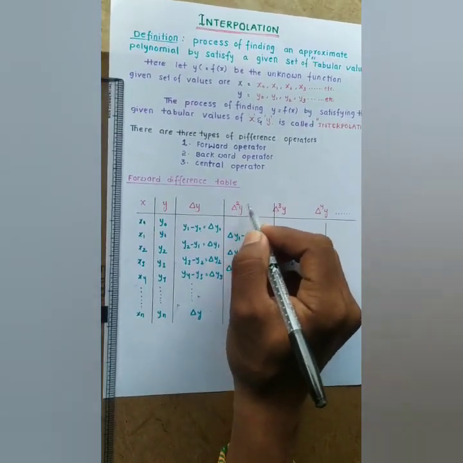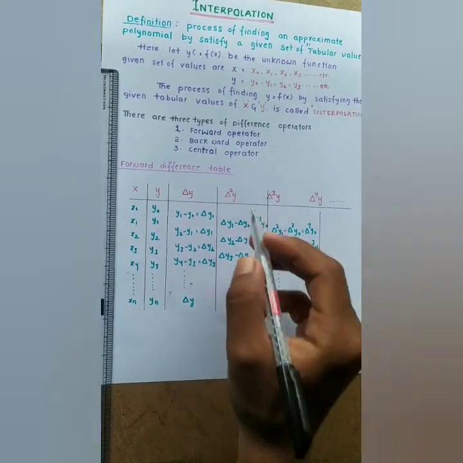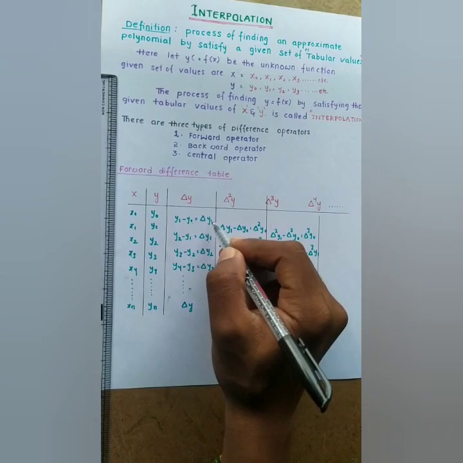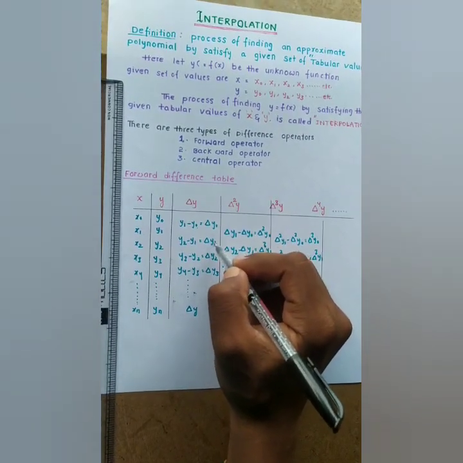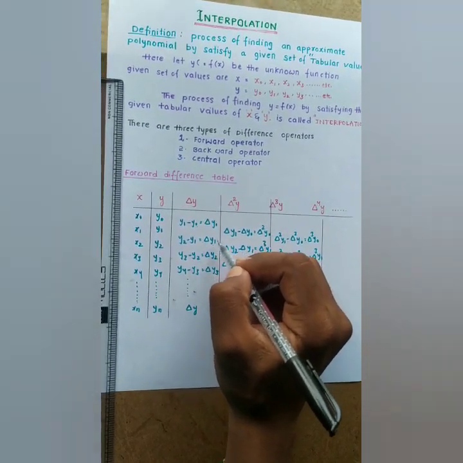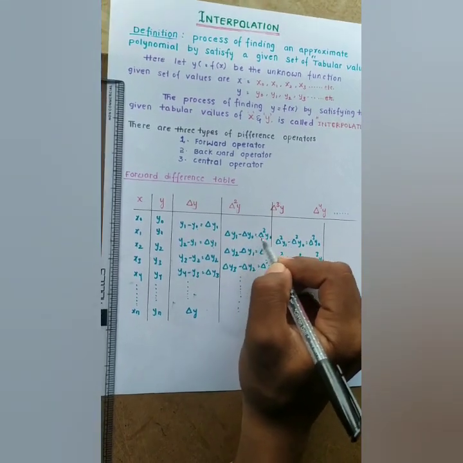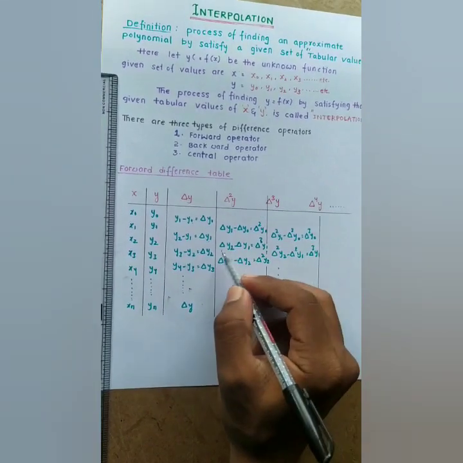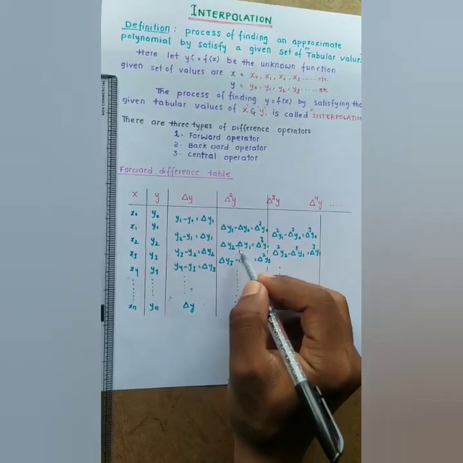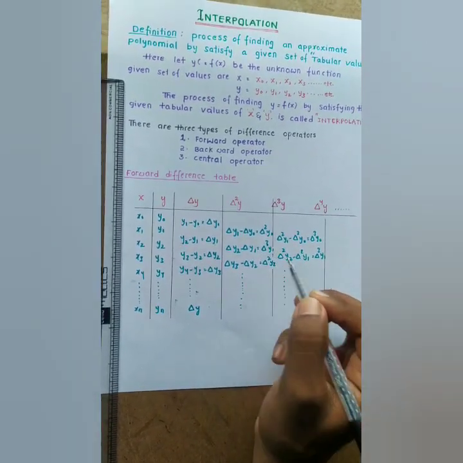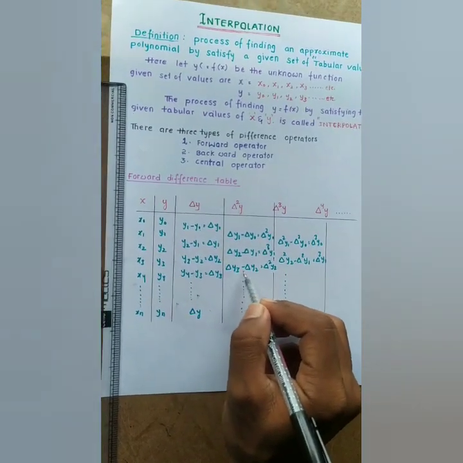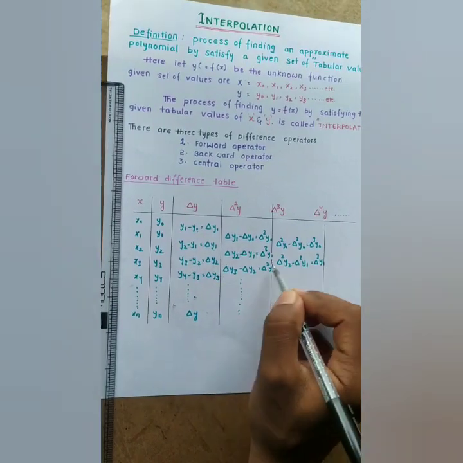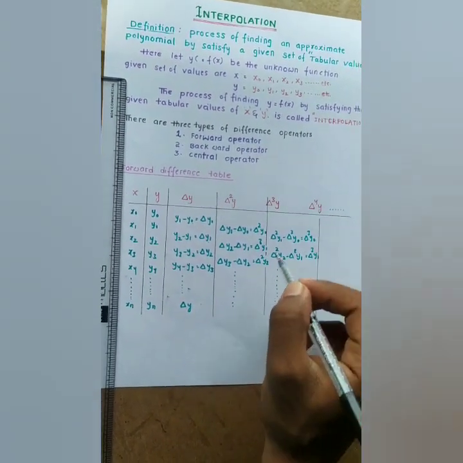Similarly we can find delta square y. It works the same way: delta y1 minus delta y0 gives delta square y0, delta y2 minus delta y1 gives delta square y1, and delta y3 minus delta y2 gives delta square y2.